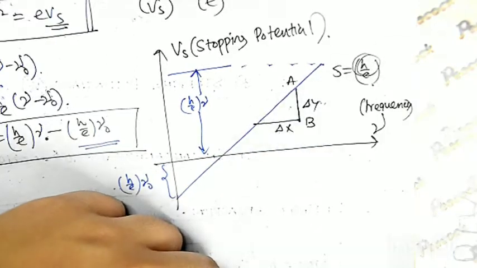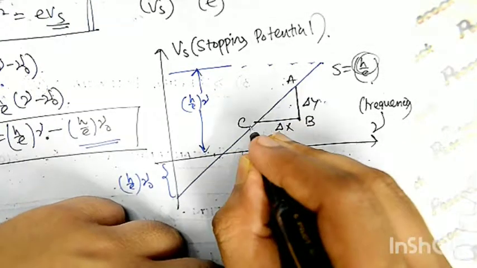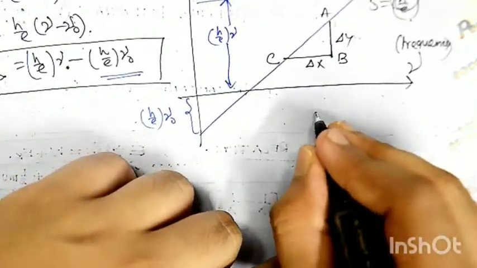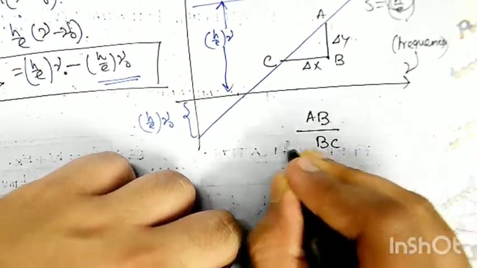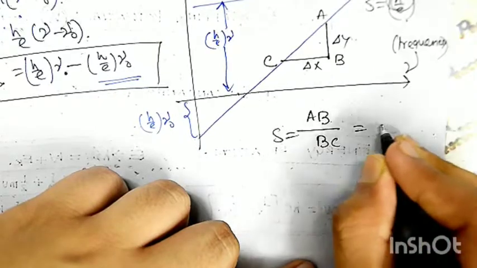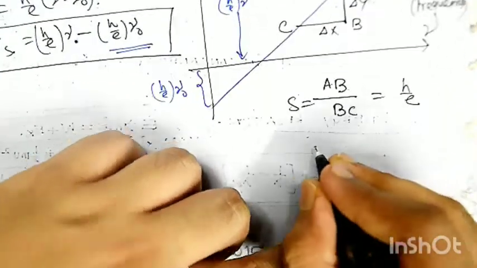Means if it is ABC here, if I just try to mark out these things, what I will get, this AB part by BC part, that is the slope, equals h by e.